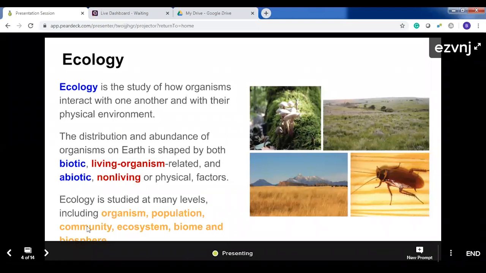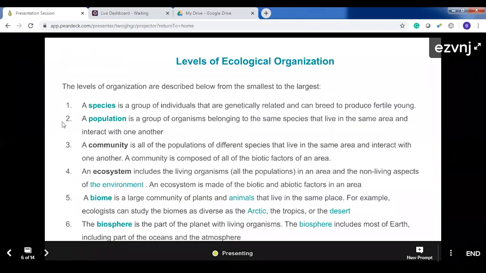When there are two different kinds of populations, then we call it a community. And the entire environment where different organisms live, with their abiotic factors, is called an ecosystem. So a community, like we said, is different species that live in the same area and interact with each other. An ecosystem includes the living things, all the populations, and the abiotic factors.